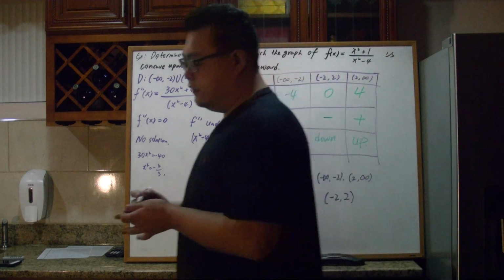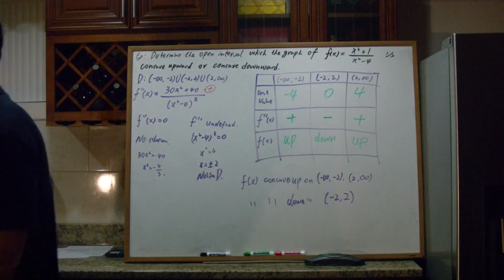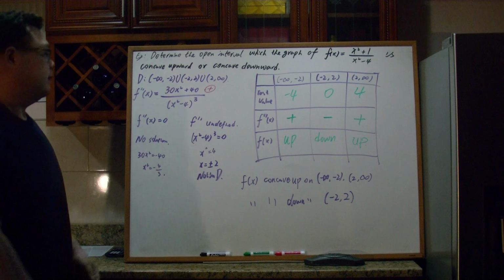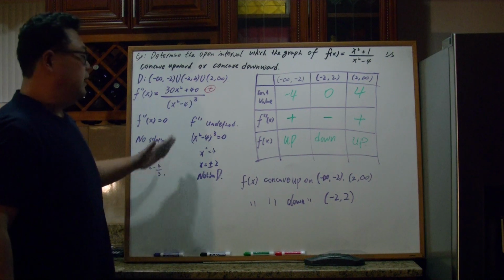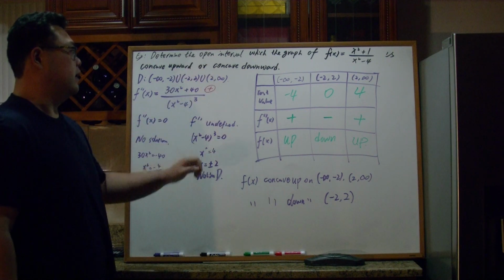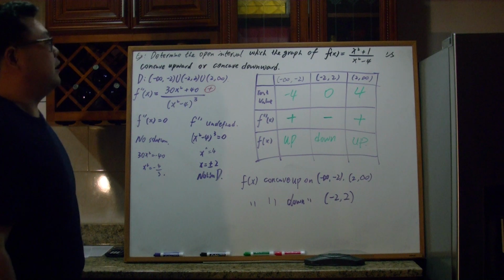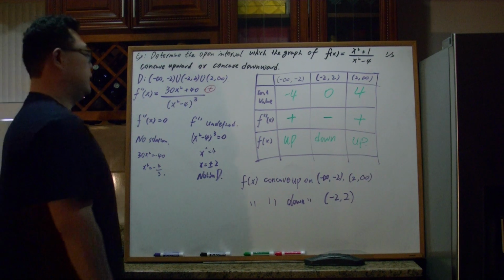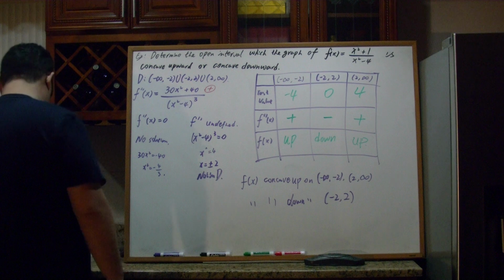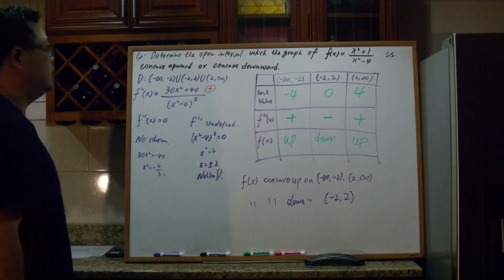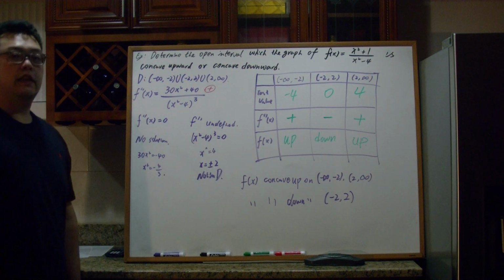At negative 2 and positive 2 we get vertical asymptotes, but on each part it is concave up or concave down, to clarify what it is. So that is the intervals of concavity.